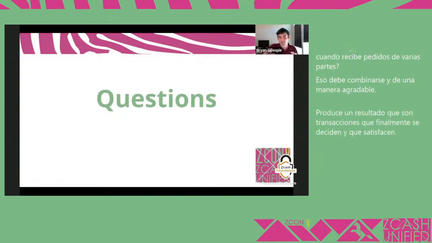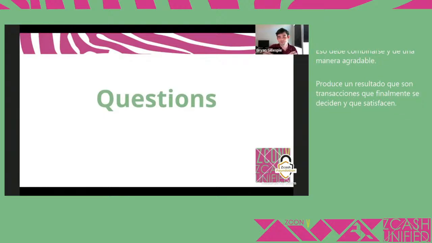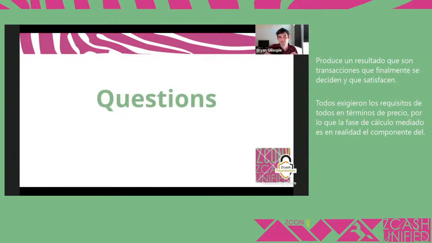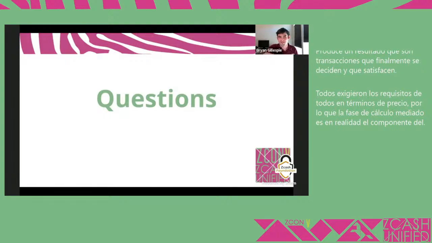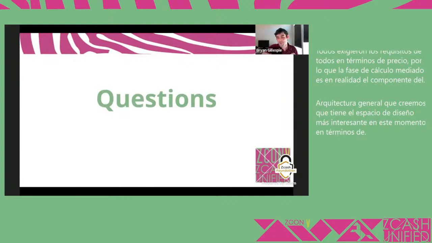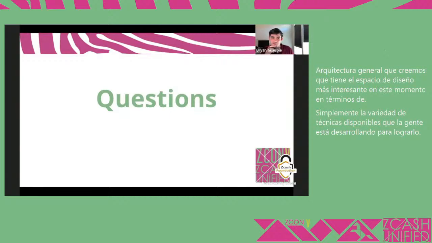And so the mediated computation phase is actually the component of the overall architecture that we think has the most interesting design space right now, in terms of just the variety of techniques that are available, that people are developing in order to accomplish this. And ZK is like the underlying bedrock that is needed; you need ZK proofs in order to prove validity of computations at various phases throughout the protocol design.